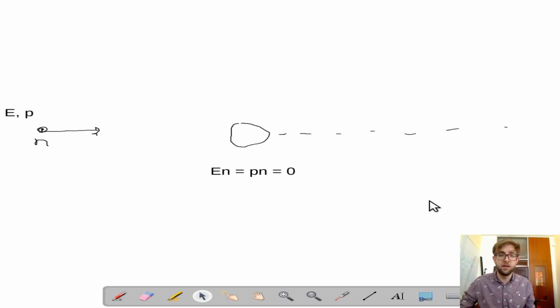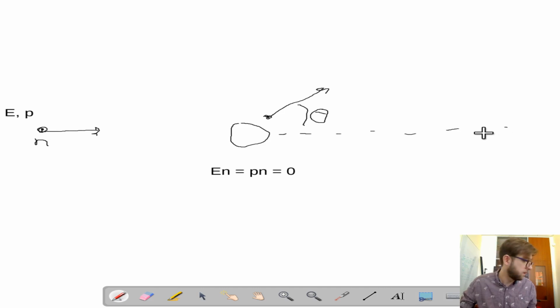And then after this reaction, the neutron goes flying off with some angle theta and some E prime and P prime.